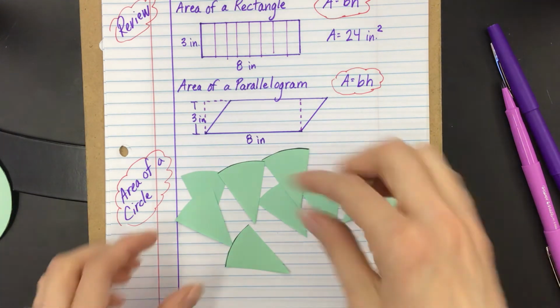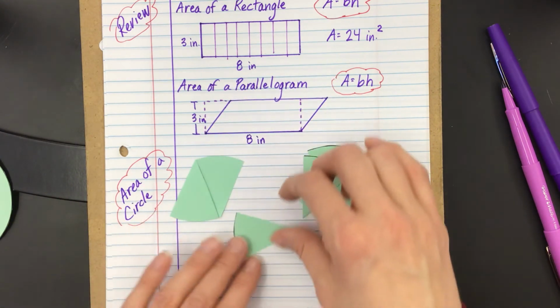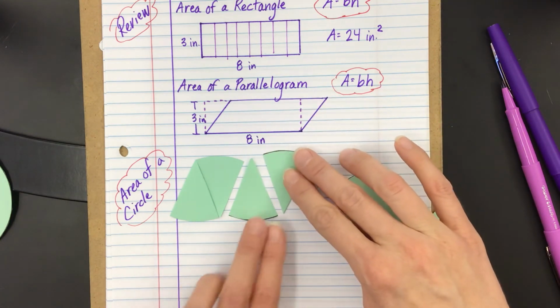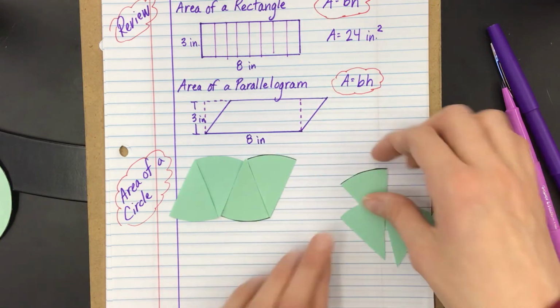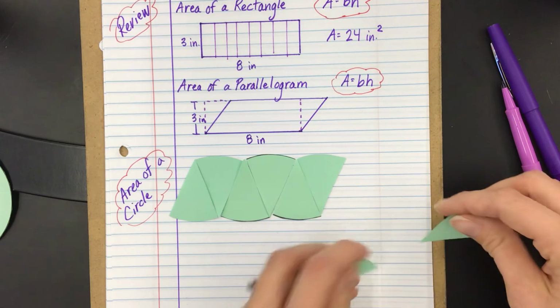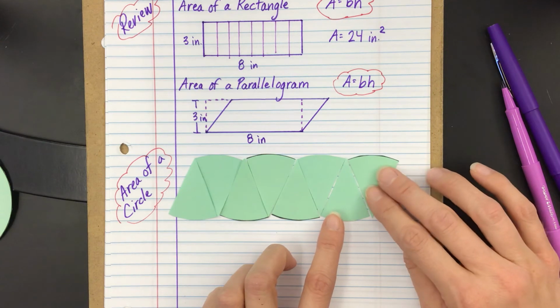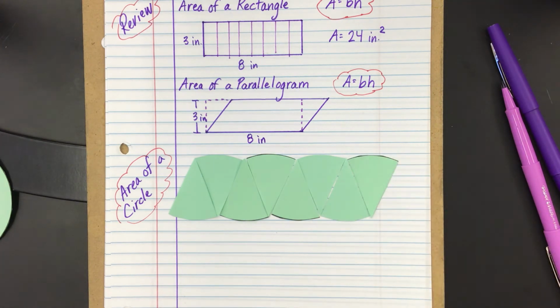If you already have your pieces cut out, I want you to do just like we did last time. I want you to arrange them like this. Okay, here's my question for you.